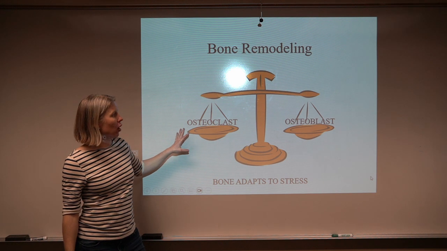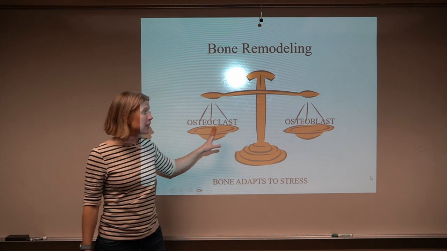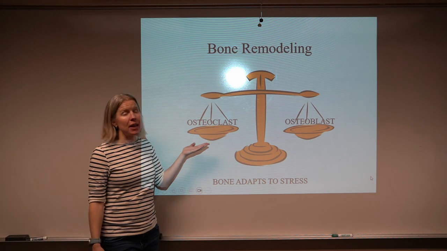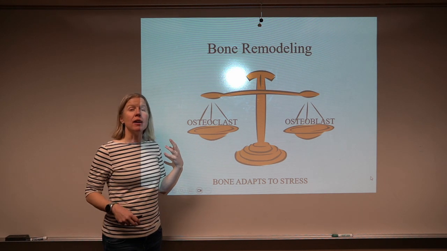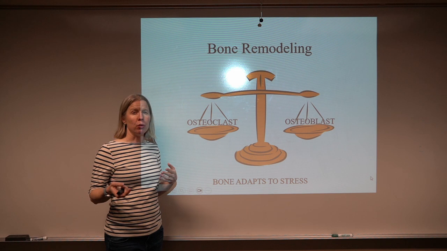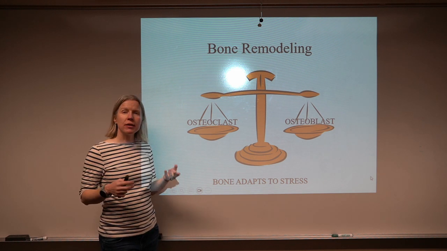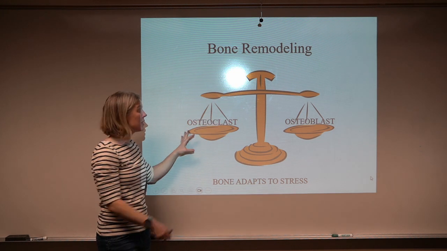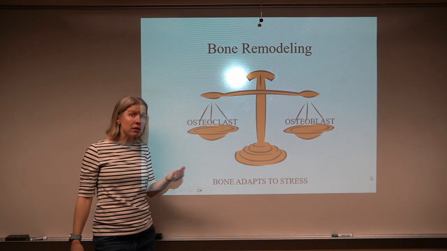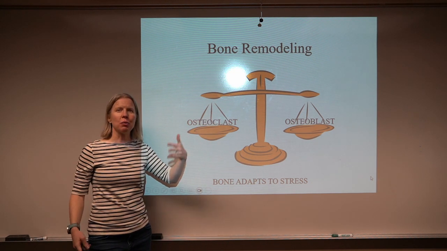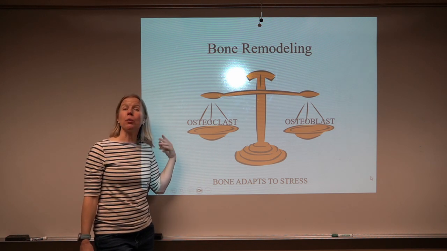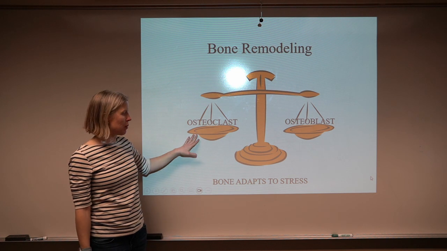What we're looking at are how osteoclasts and osteoblasts both do their job, and if we do this in a balanced fashion, we get this very appropriate bone remodeling. We'll look at some different factors that might adjust that and might create an imbalance, right? If osteoclasts are doing too much work and osteoblasts can't replace it, you might be worried about things like osteoporosis, as we start wearing that bone down.